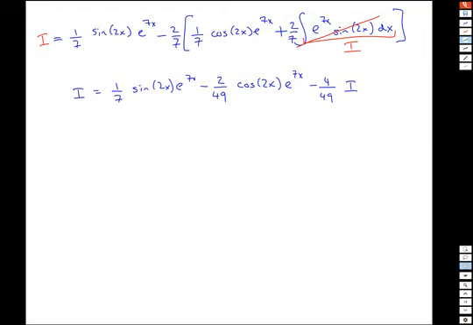And that major observation is that we can then bring this over to the other side. Here we have 1 I, and I'm going to add 4 over 49ths.